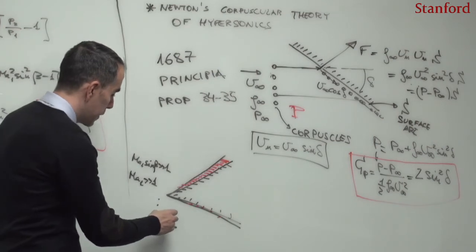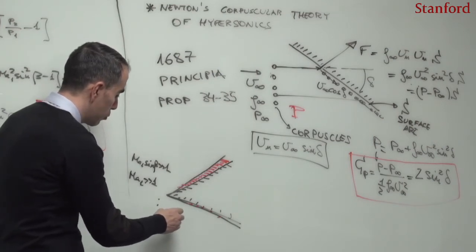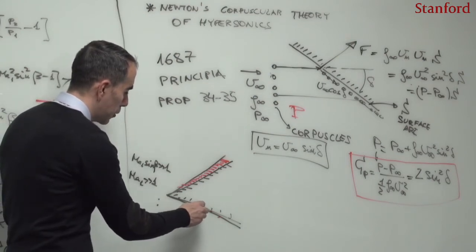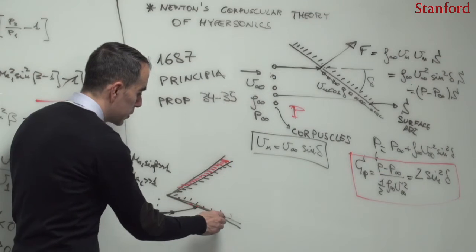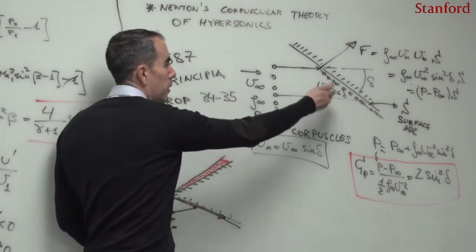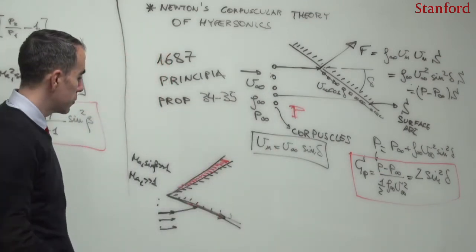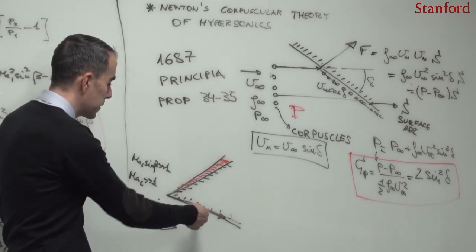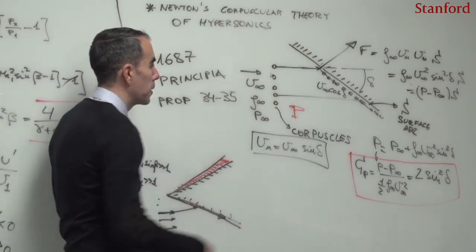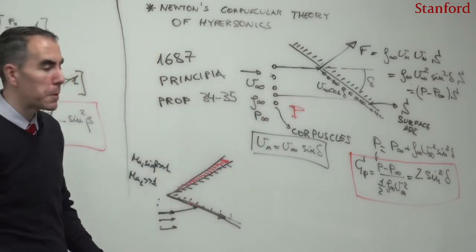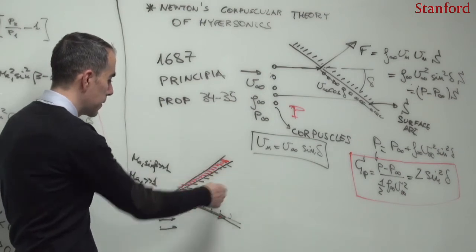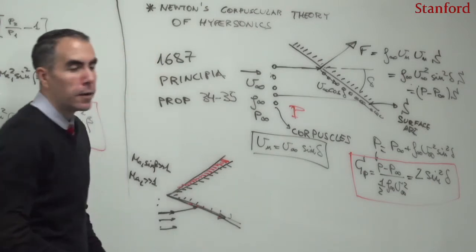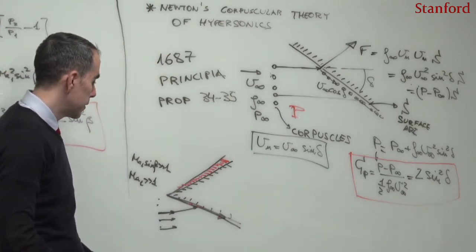Each one of these fluid particles is going to go towards this wedge, cross the shock, and then get deflected along the surface in a manner that resembles the Newtonian theory. So there is some resemblance between this and what Newton was envisioning. Of course, Newton didn't know anything about hypersonics, but it was discovered later that the theory of Newton holds some promise in hypersonics.